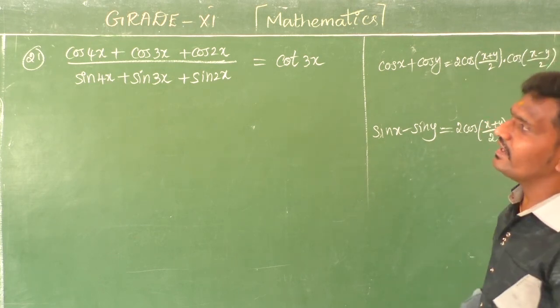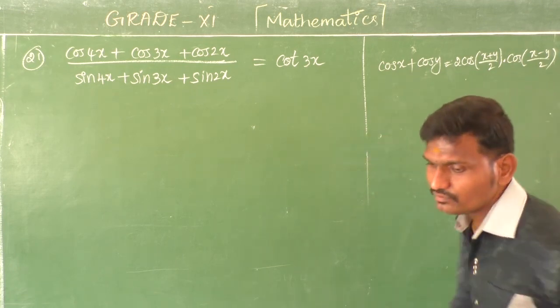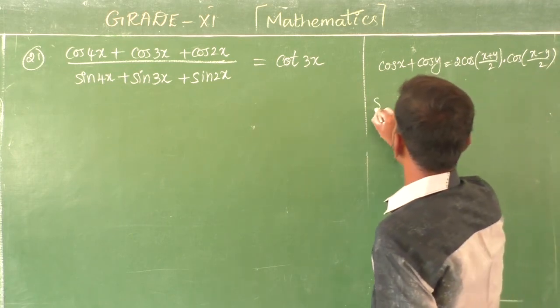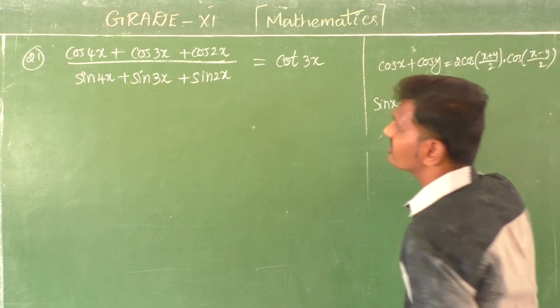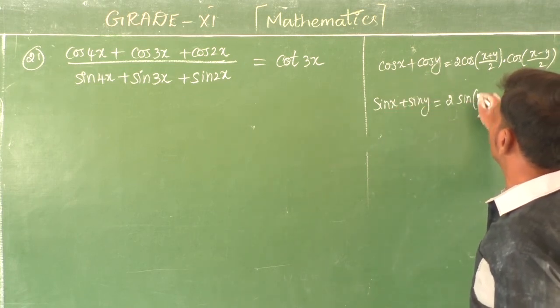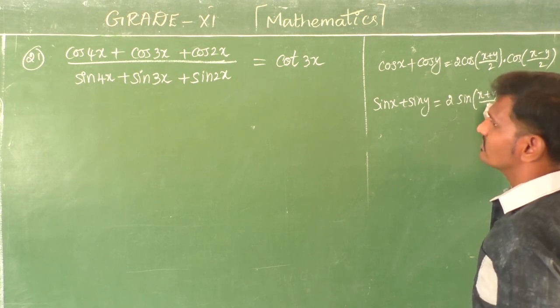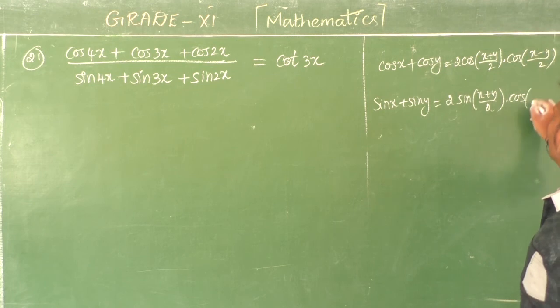And the next is sin x plus sin y. Sin x plus sin y is equal to 2 sin (x plus y) by 2 into cos (x minus y) by 2.